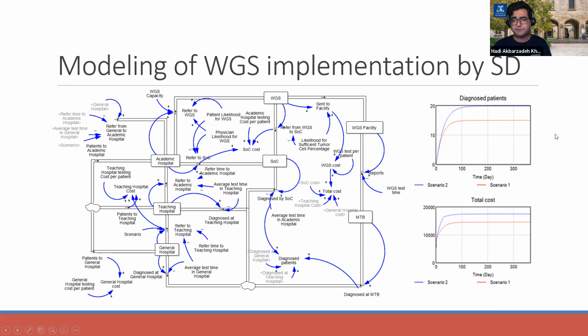You can see the time for diagnosis is reduced. The number of diagnosed patients is increased in scenario two, but the cost is still high. You have double the diagnoses for patients, but the cost is not necessarily doubled.